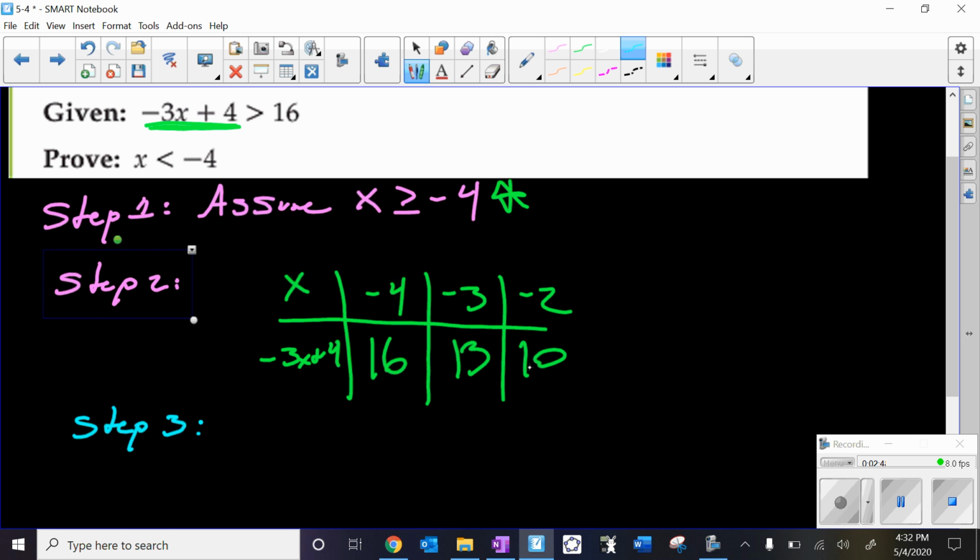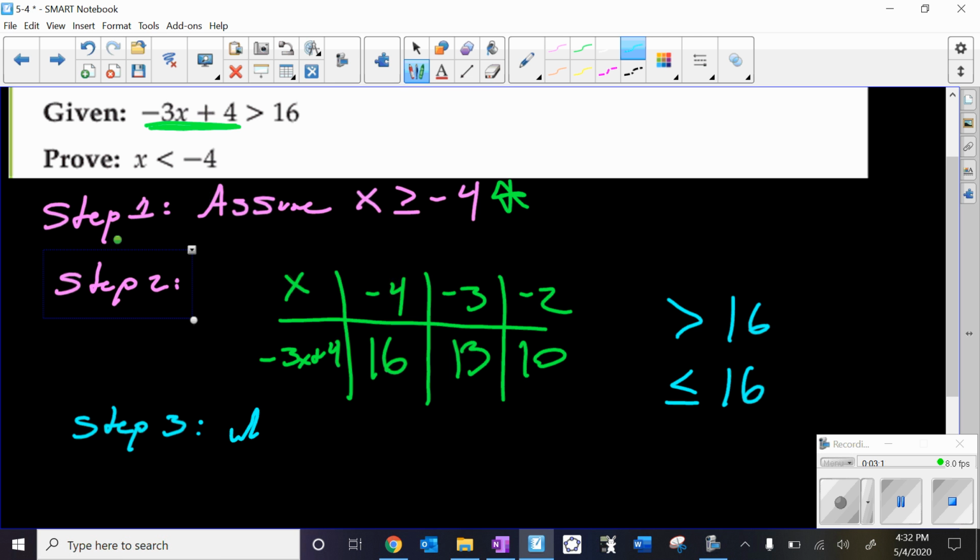You see the contradiction? I can't be greater than 16, but also less than or equal to 16 at the same time. This doesn't work. That's what we call a contradiction. They go against each other. Okay? So that's where we're going to point out our contradiction.